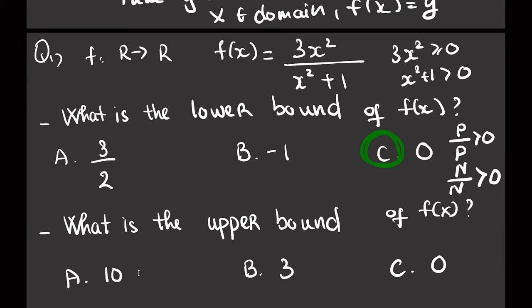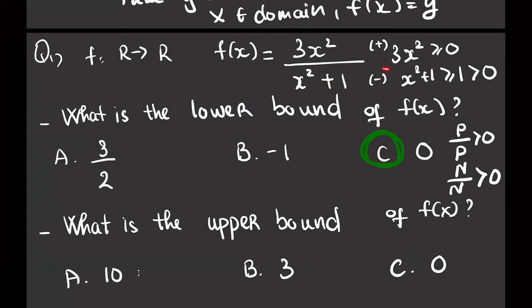x squared plus 1, yes, that's correct, is greater than or equal to 1. But then it still means that it is greater than 0, right? What I care about here is the sign of both numerator and denominator. I care about whether they are positive or negative. So I know this one is non-negative, so it includes 0. So when the numerator equals 0, then the expression will be 0, right? So it actually can achieve 0.